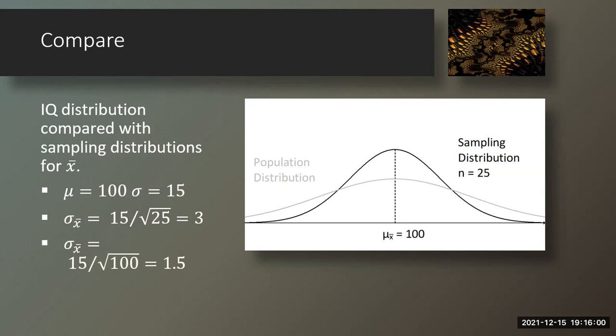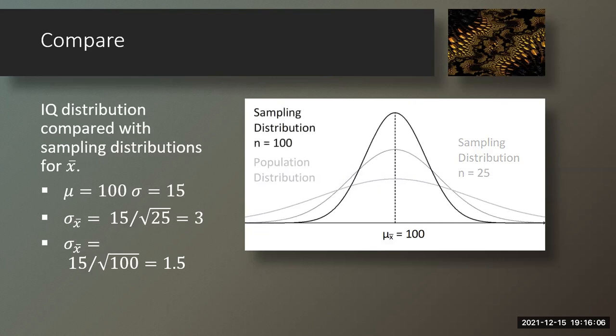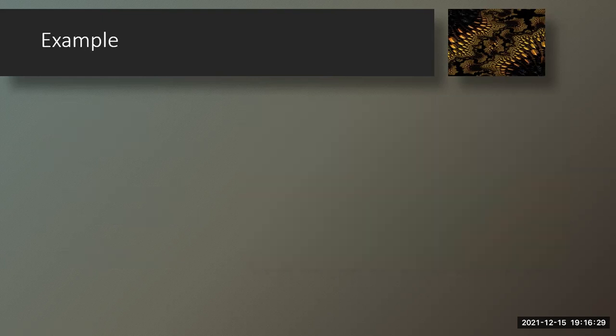Then, if we have a sample size of 100, we have a sampling distribution that is really quite centralized around that mu of x bar equals 100. So here's a visual representation of what happens to the sampling distribution as that sample size increases.